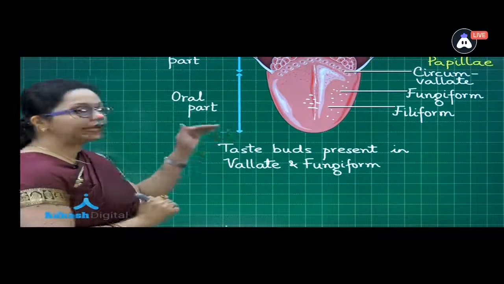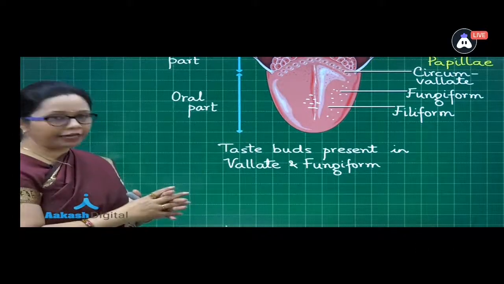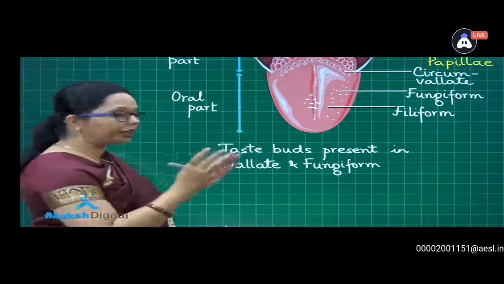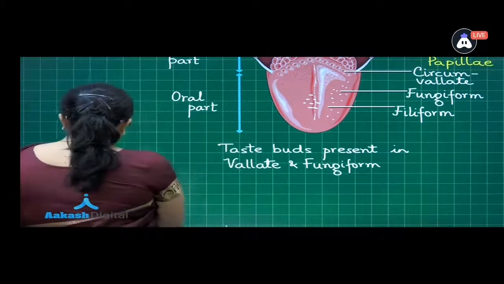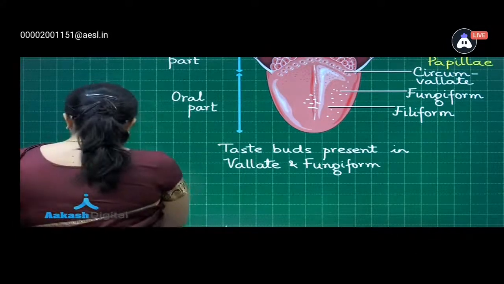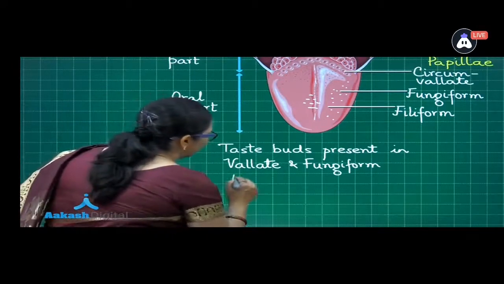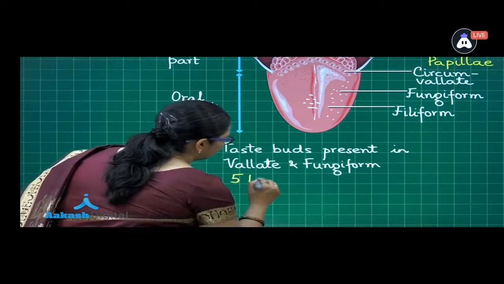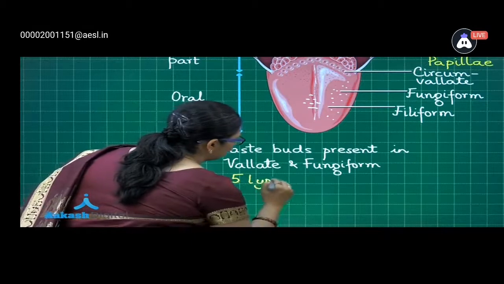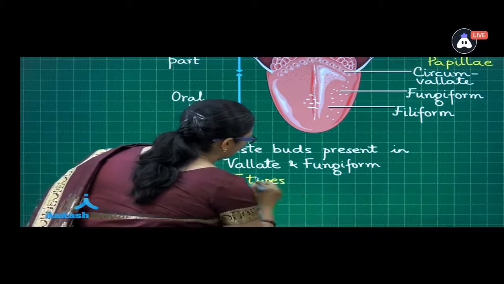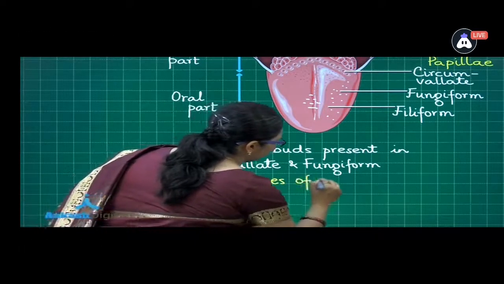And these taste buds help us to perceive different types of taste. Now, what are the different types of taste that we can perceive? Actually, we can perceive 5 different types of taste.